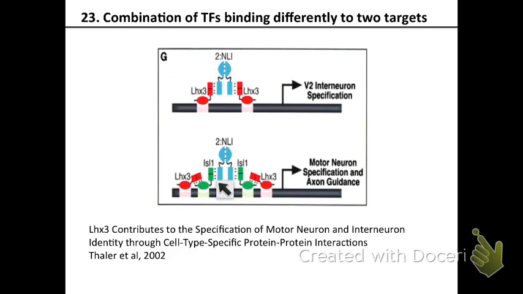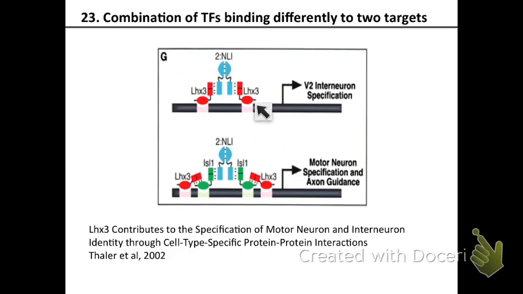They also require a third transcription factor called ISL1, which is going to complex with NLI and LHX3 and bind and regulate the genes containing these types of regulatory sequences where you have both LHX3 and ISL1 binding sites.